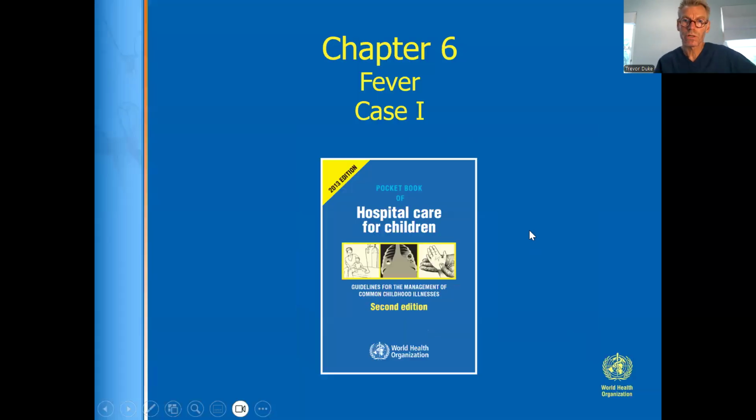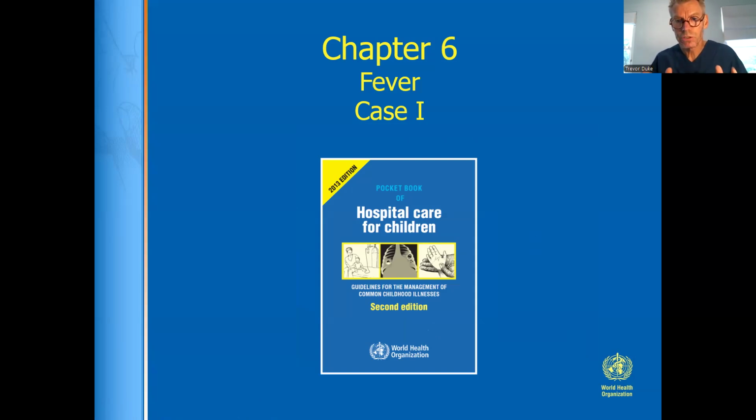As I said, the World Health Organization published this book in 2005. Before that, there was a book of guidelines that looked after the child with severe infection or severe malnutrition.